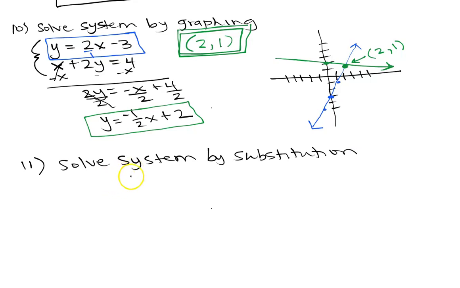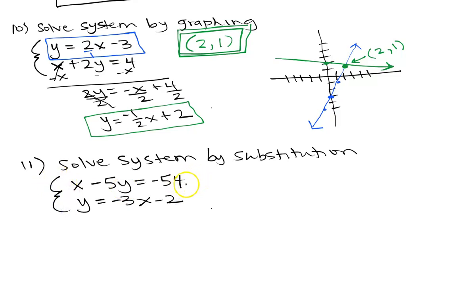Okay, so my first equation says x minus 5y equals negative 54. And my second equation says y equals negative 3x minus 2. So again, that's my system. To solve something by substitution, it's nice if we already have one of our variables by itself, which we do on this bottom one, right? y equals all of this stuff.